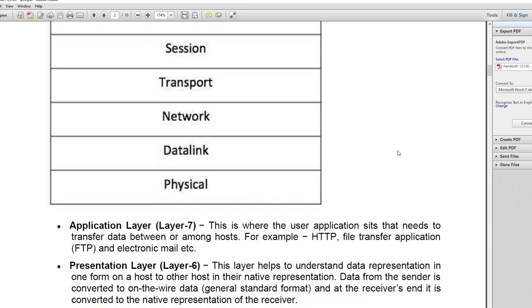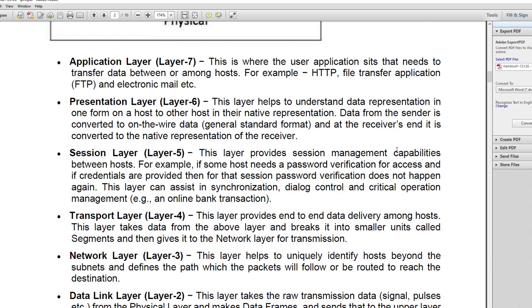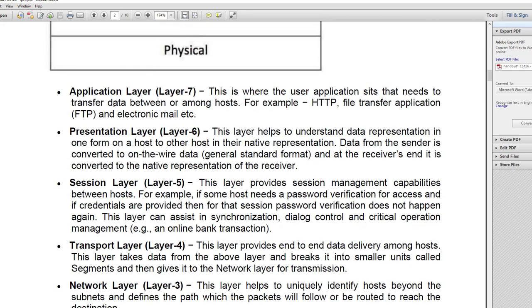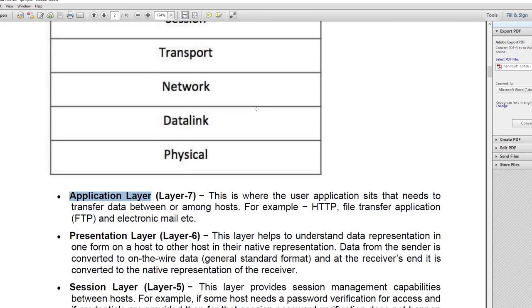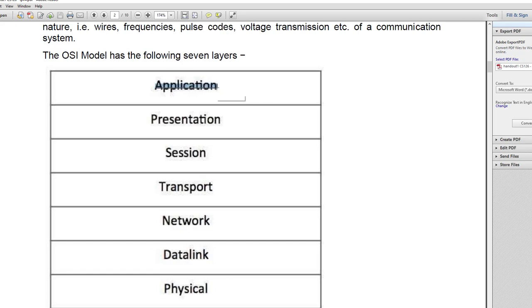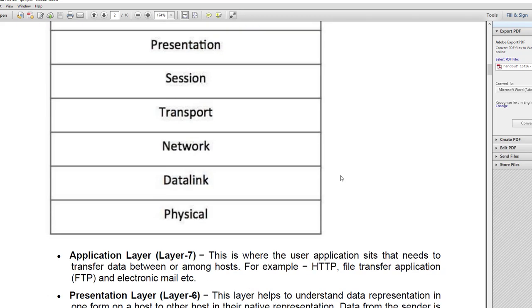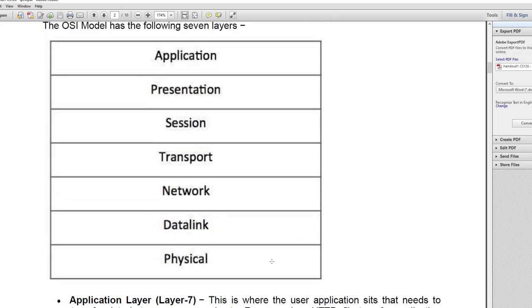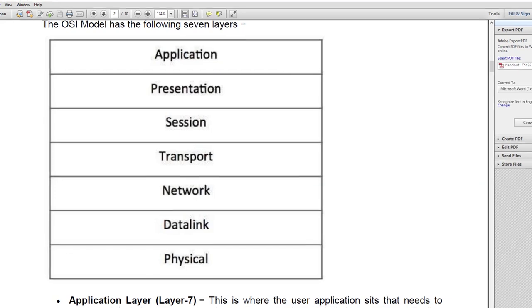The application layer is layer number 7, which means we start from the bottom and go to the top. Layer 1 is physical, layer 2 data link, layer 3 network, layer 4 transport, layer 5 session, layer 6 presentation, and layer 7 application.